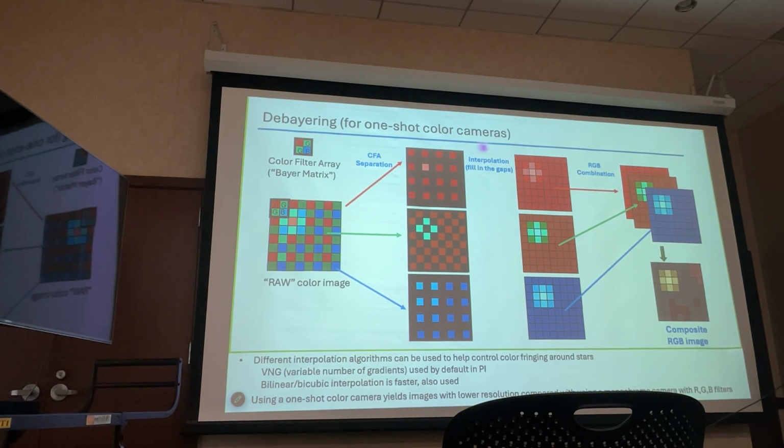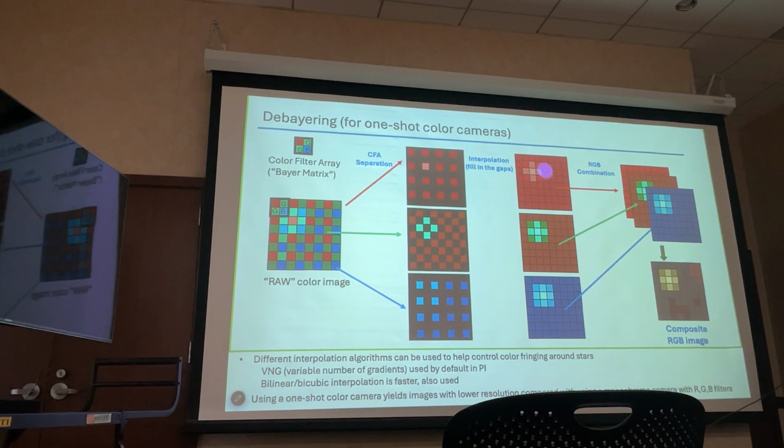Okay, this is an important step, and there are various algorithms that can be used for this. One of the challenges is because stars have a very sharp intensity profile, it can be a little tricky to figure out the best way of estimating the regions in between in order to make sure that when you're done, the star colors don't have weird fringing or other things going on around them.